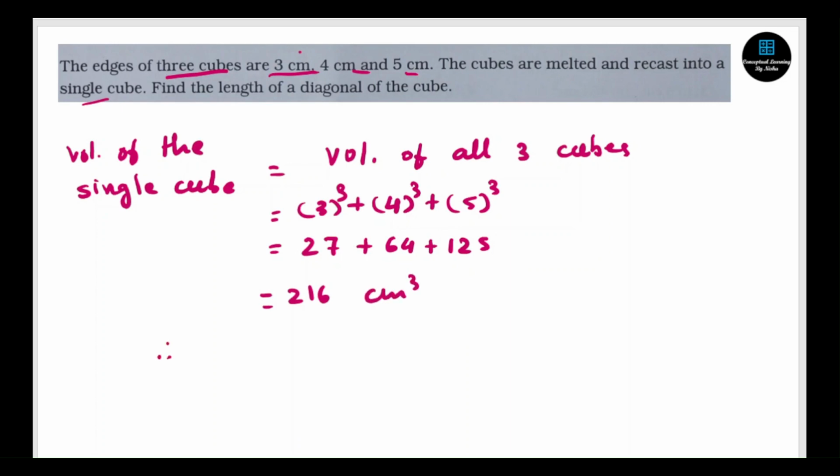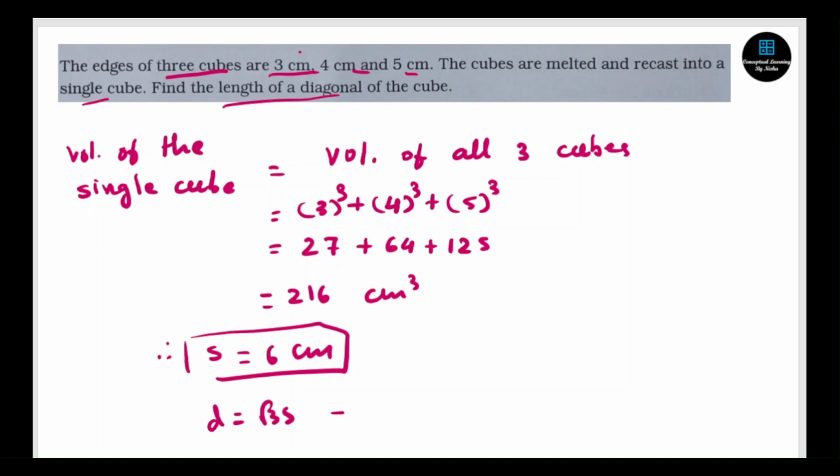And therefore what I can say, the side equals 6 centimeter for the new cube. Okay. And now you have to find the length of the diagonal. So diagonal equals root 3 times the side. We already know this. So 6 root 3 centimeter is the length of the diagonal.